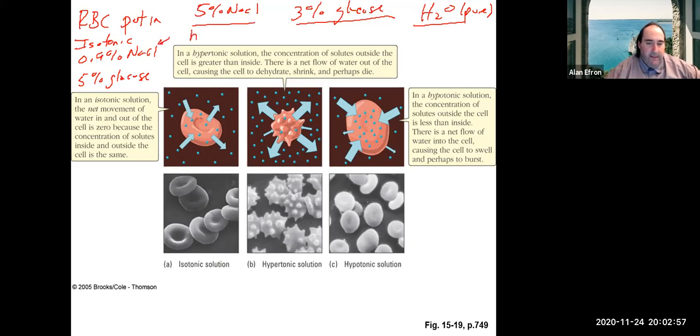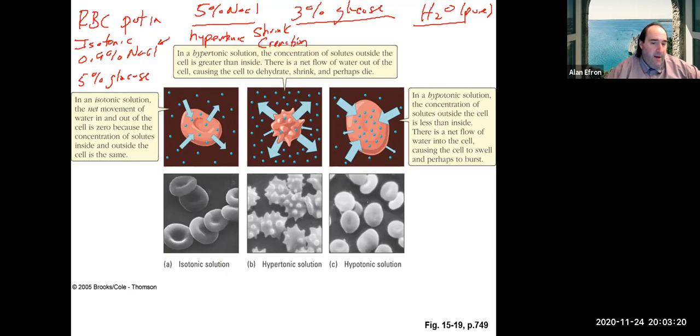So that would mean this is a hypertonic solution. That means outside of the cell is greater concentration than inside the cell. So we would expect all the water from the cell basically to rush out, and we would expect it to shrink. And that is what is known as crenation.